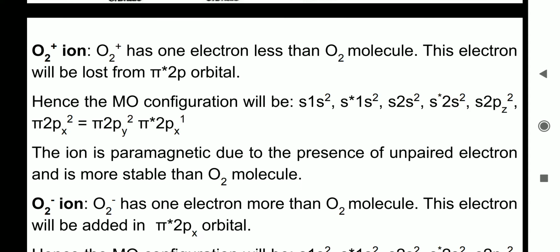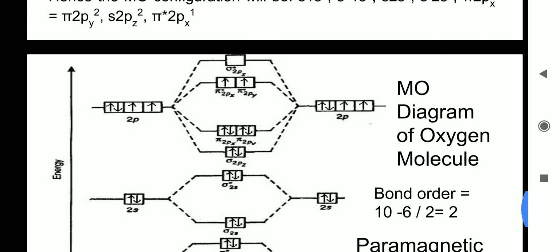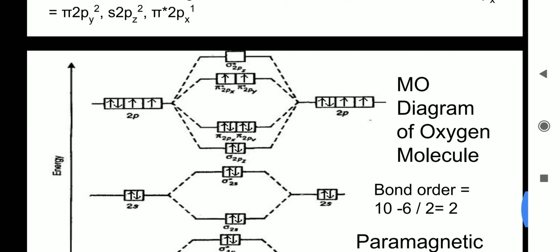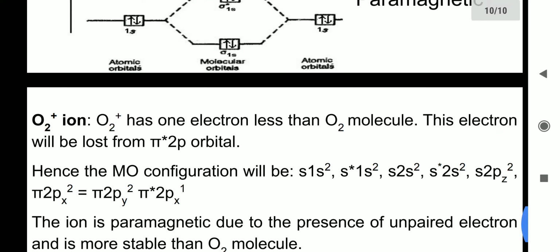Okay, so if you see the molecular orbital configuration of the O2 plus ion, you will notice that the difference between the two, that is O2 plus and the oxygen molecule, is just 1 electron, and that electron is not present here in the pi star 2py orbital.